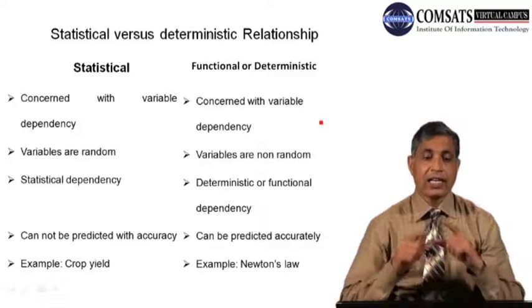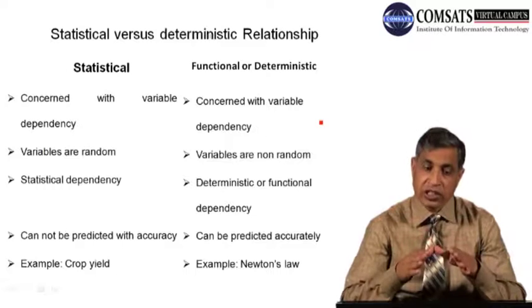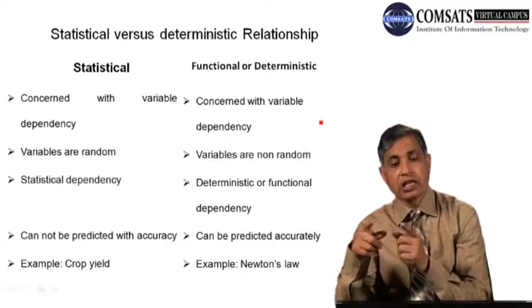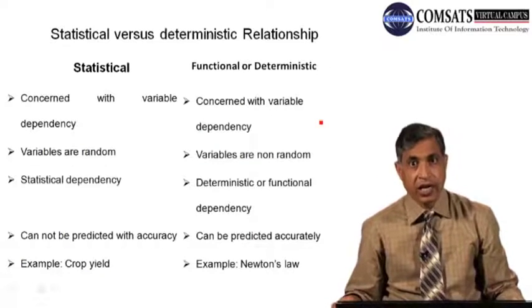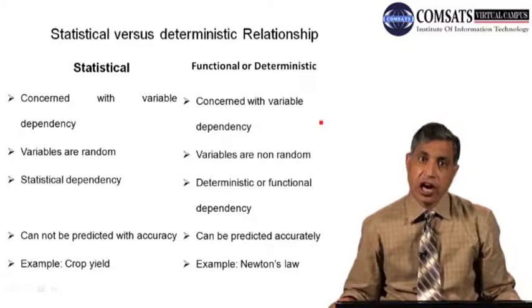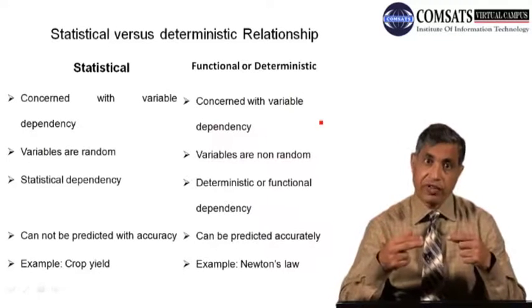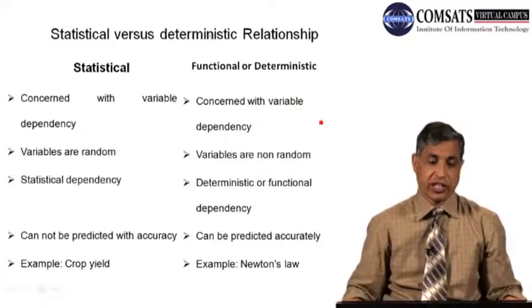First is that the statistical relationship is also concerned with the dependency of the variable, and similarly the functional or deterministic trend is also concerned with the dependency of the variable. So this thing is common between these two, statistical and deterministic trend.